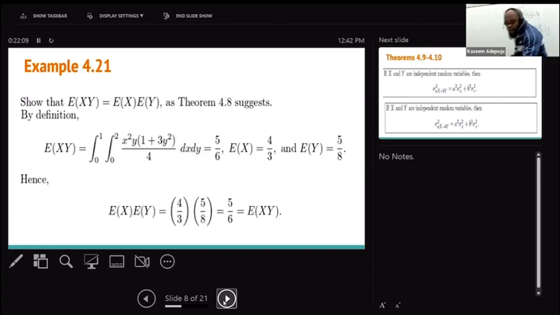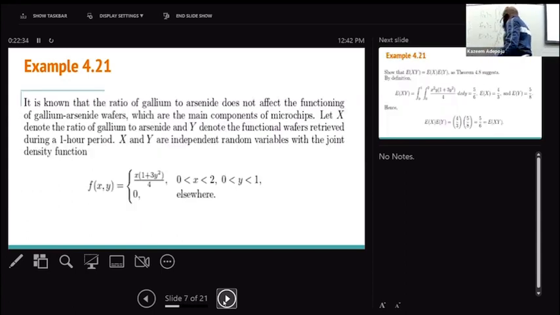What is the range of y? The range of y is from 0 to 1, right? Now from here, y is going to disappear because of the range of y, and you're going to get f of x. Now, the moment you get f of x, then you can find the integral of x f of x dx. What is the range of x now? 0 to 2. So this is how you're going to get your expected value of x. But you need f of x, which is going to come from here. Does that make sense?